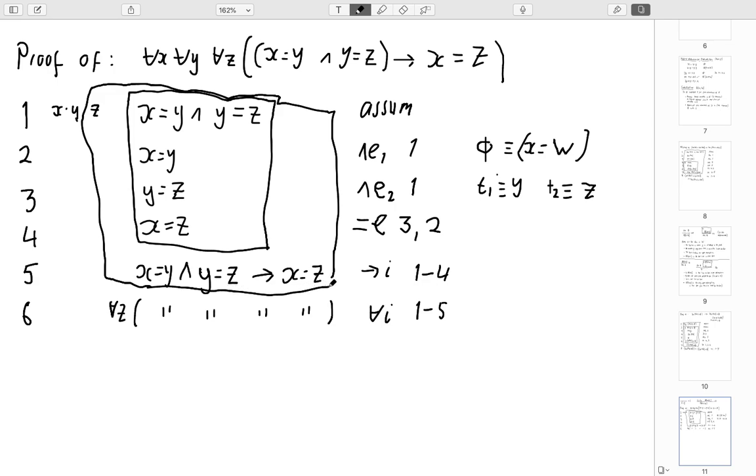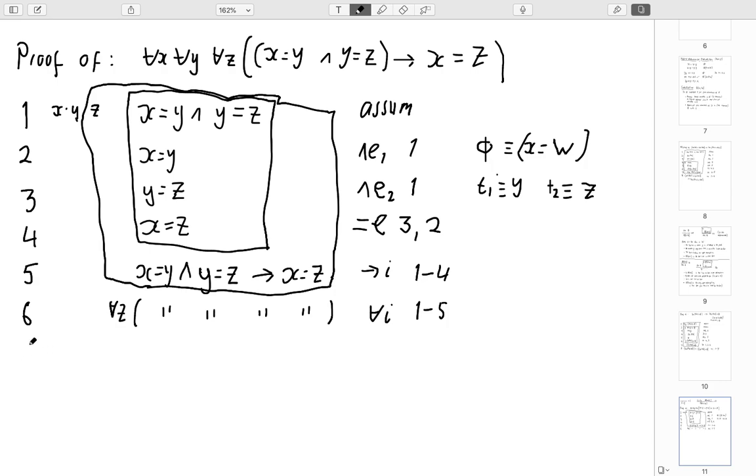And this is acceptable because this block of proof from line 1 to line 5 did not have any open assumptions because we had closed the assumption when we applied the implies introduction in line 5. We closed the assumption, so we had no open assumption, so it was legitimate to take this block and then use up our arbitrary variable z.